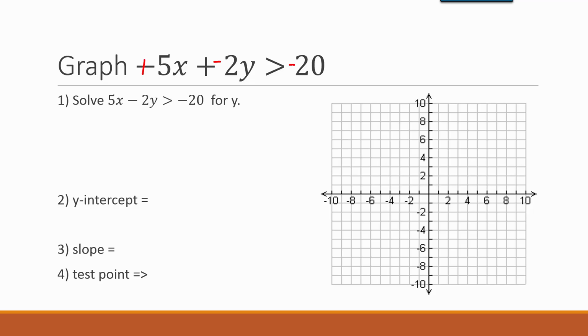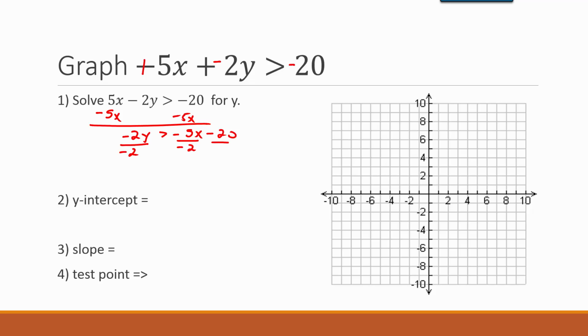All right, so let's subtract 5x from each side. So now I have negative 2y is greater than negative 5x minus 20. And then divide both sides by negative 2.